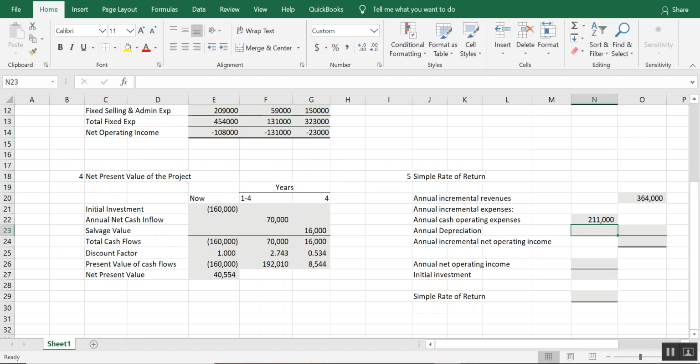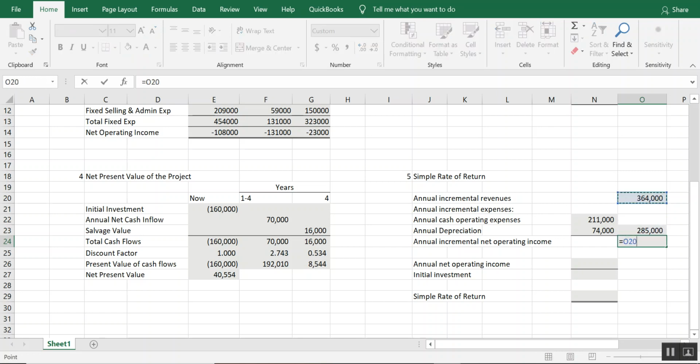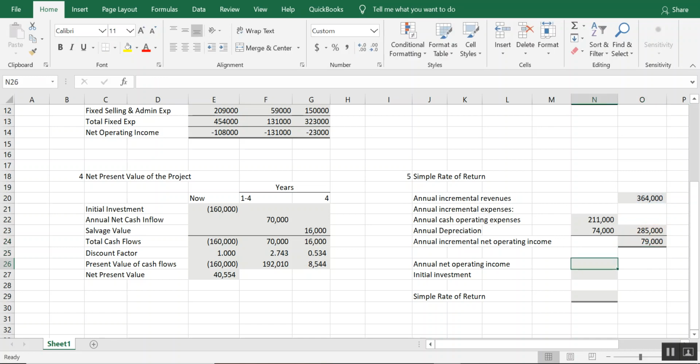We take the 518 divided by 7 and get $74,000 in expense. Now we add those together to get our total expenses that we deduct from our total revenue. So we take our revenue minus expenses, and we get a net operating income of $79,000.